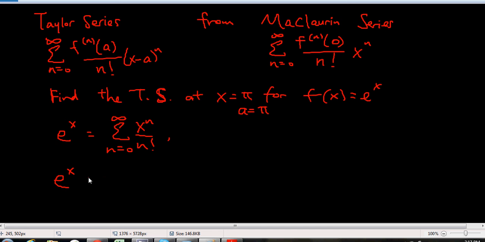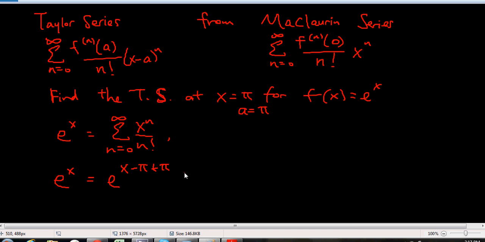So what I do is I try to center my function around pi. But the thing is, e to the x is not equal to e to the x minus pi. It's e to the x minus pi plus pi. So this is the thing that I'm doing to legitimately be able to do this.